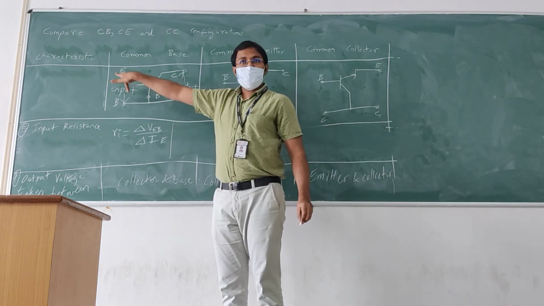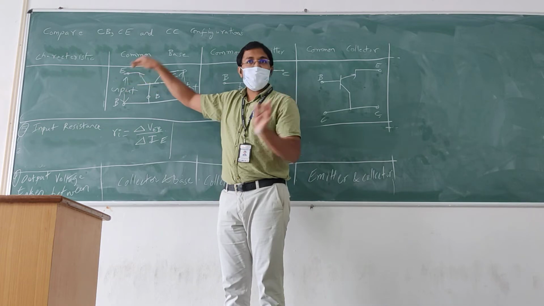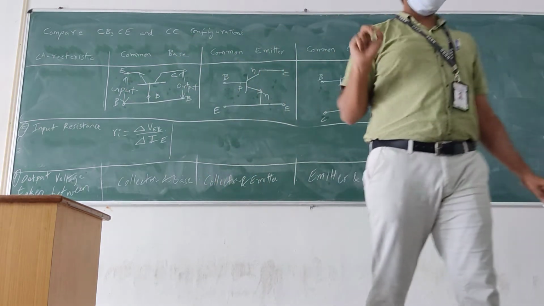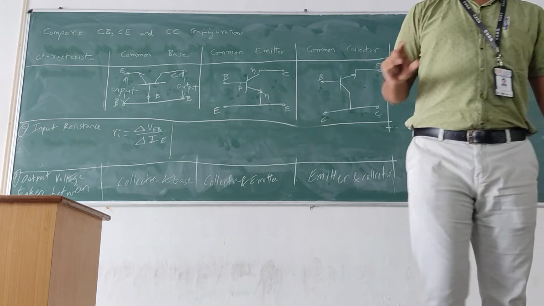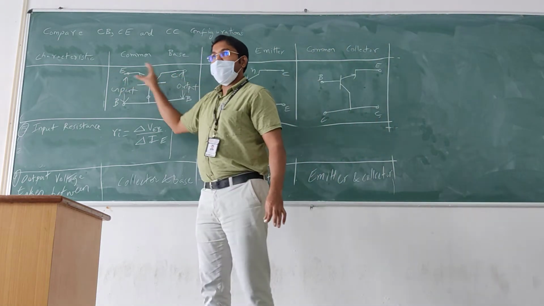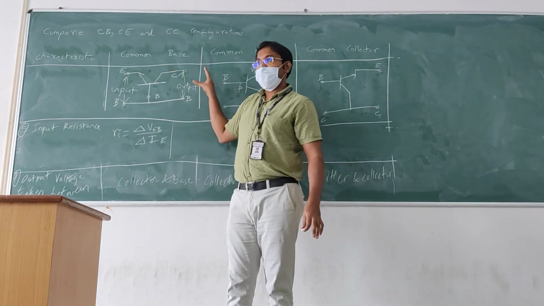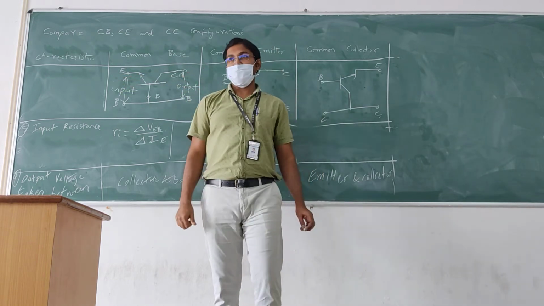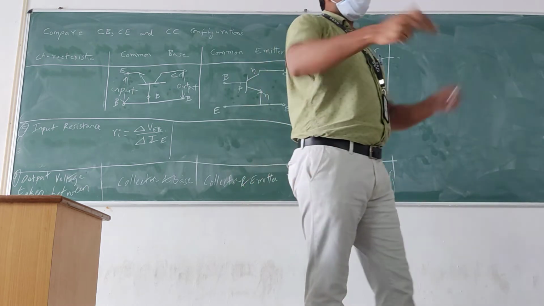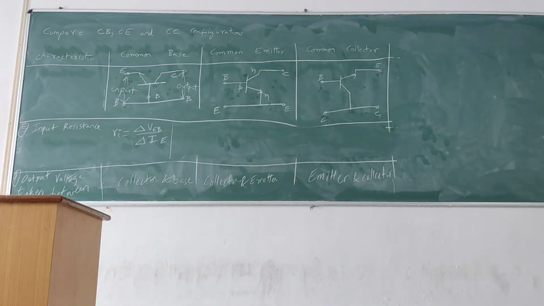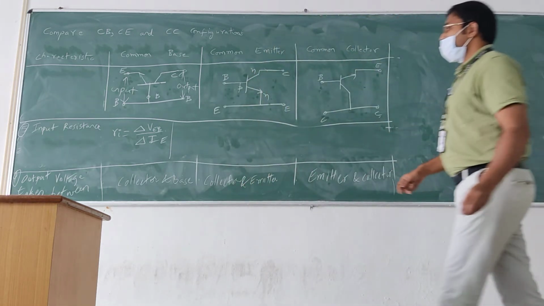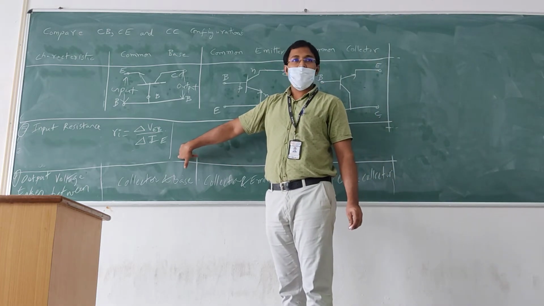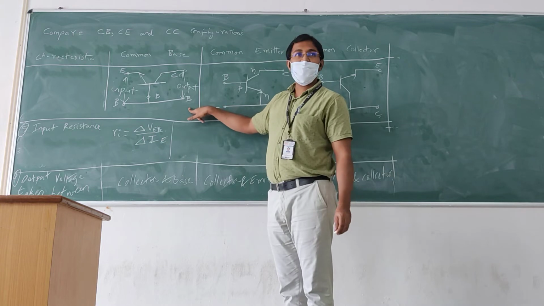But to get input resistance or input characteristics, output will be fixed constant. The same thing you will do in the lab also. You will connect the supply here and here. Obviously, when we are taking input characteristics, we have to fix output constant. Otherwise, you don't have any control over the device. So we can write like this, for output voltage constant. What is output voltage?